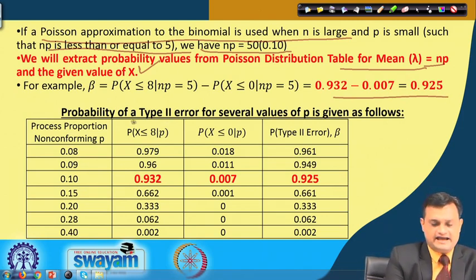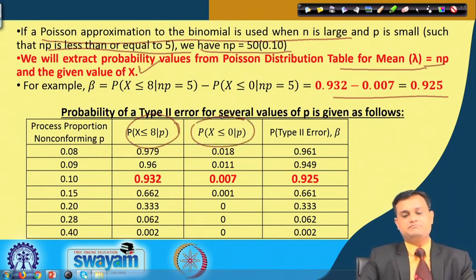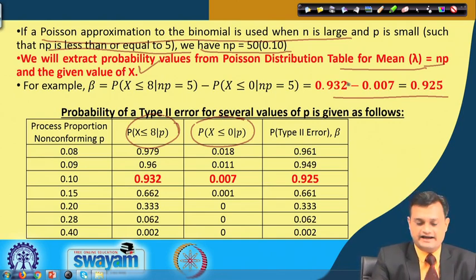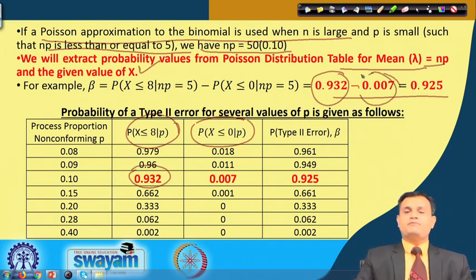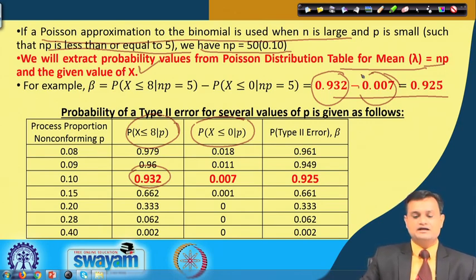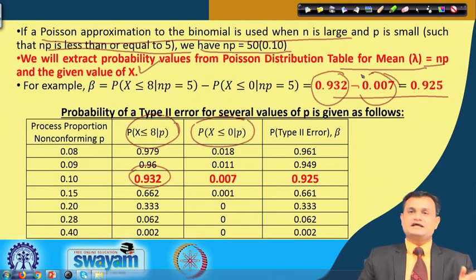So, probability x is less than or equal to 8 for a given p, and probability x is less than or equal to 0 for a given p, this you can find 0.932 and 0.007 from the Poisson distribution table. So, these values you can easily find for the given x and the mean value. Here your mean is lambda equal to np.